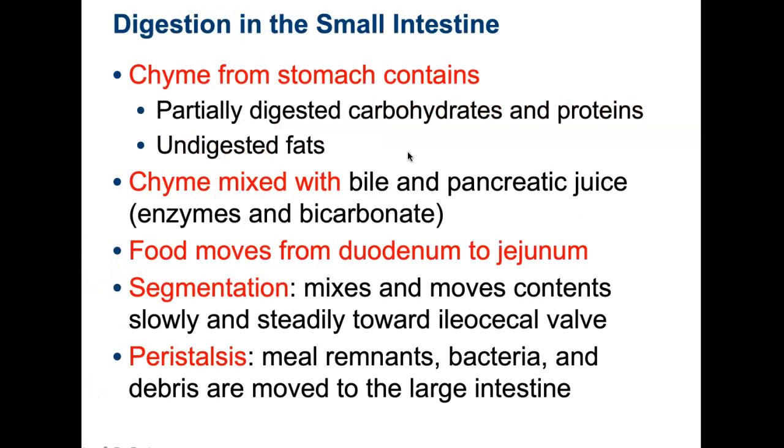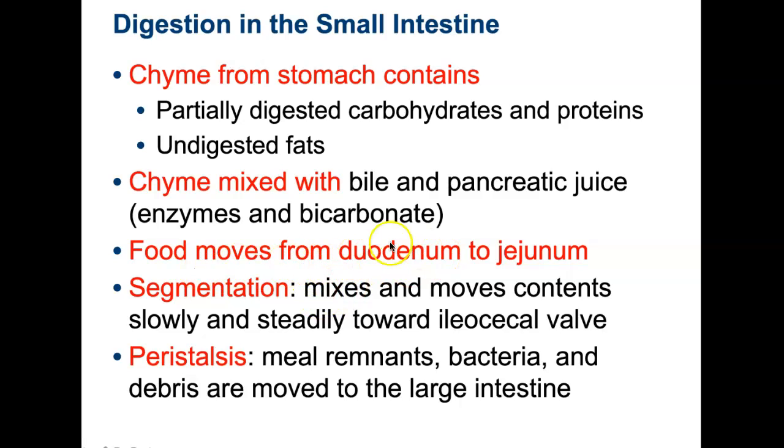We have our summary slide again. We have chyme from the stomach, with partially digested carbohydrates and proteins, and undigested fats. Up until now, maybe we broke down some of the fats in our mouth from the saliva, but we haven't had a big rush of fat breakdown. So the chyme is going to mix with the bile and the pancreatic juice, all of that happening in the duodenum.